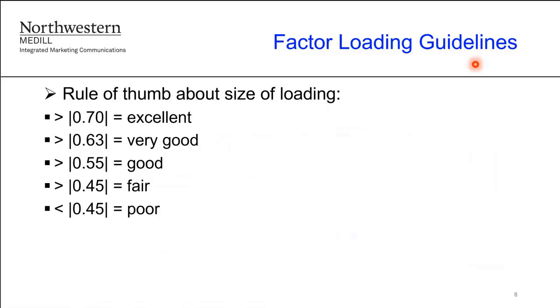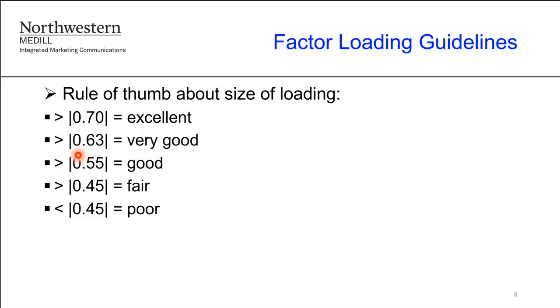Then how do we read these factor loading values in terms of the magnitude? There's a rule of thumb about the size of loading. If the absolute value of the factor loading is greater than 0.7, it is excellent.